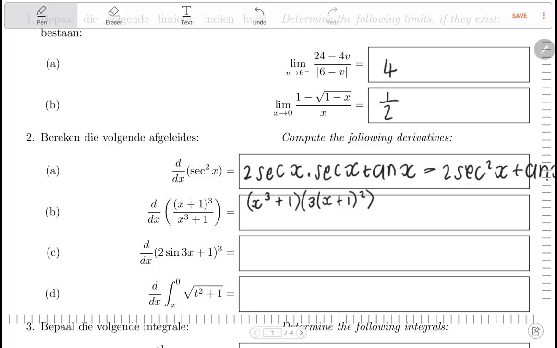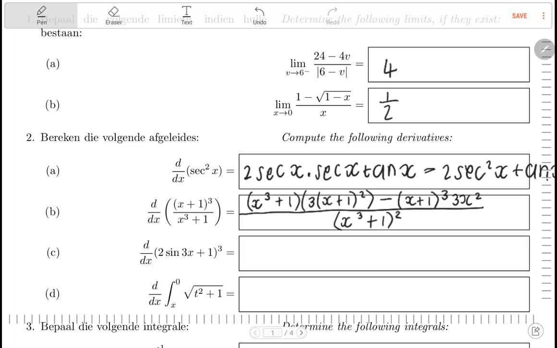So we don't have to write it there. Then we have minus the top multiplied by the derivative of the bottom, which is simply 3x squared. And that's all over the bottom squared. And that's it.